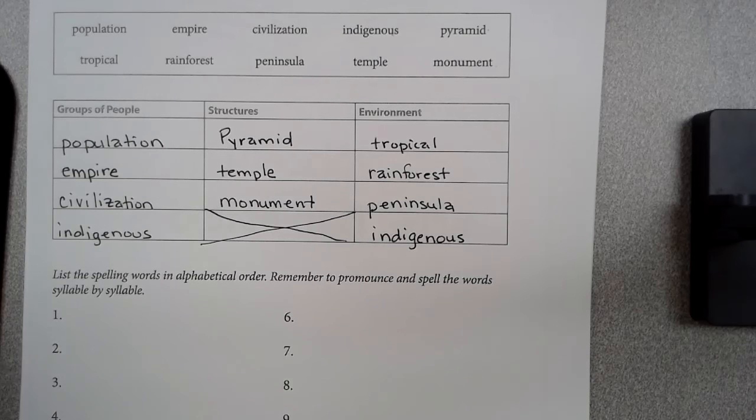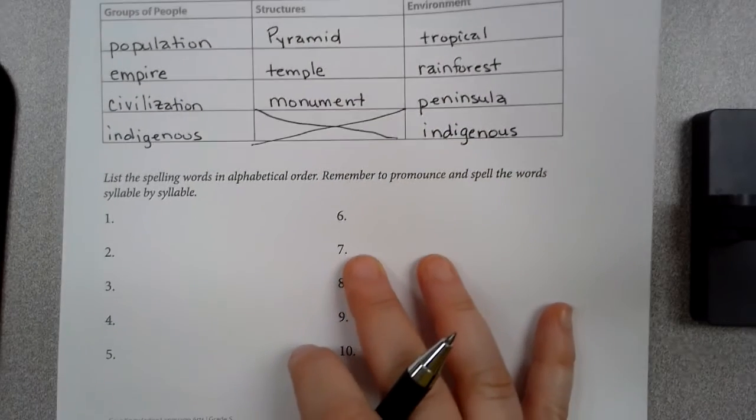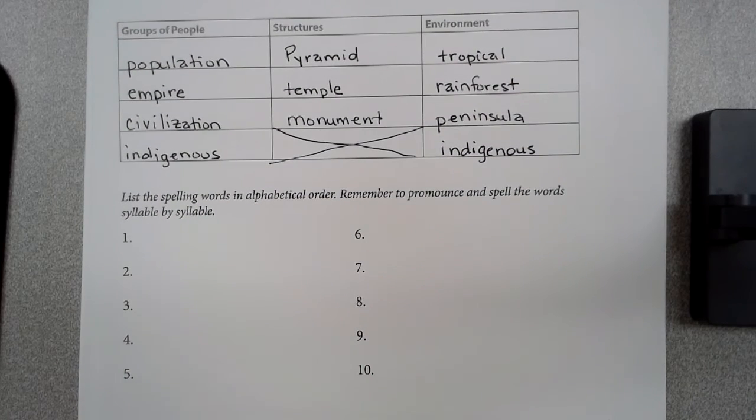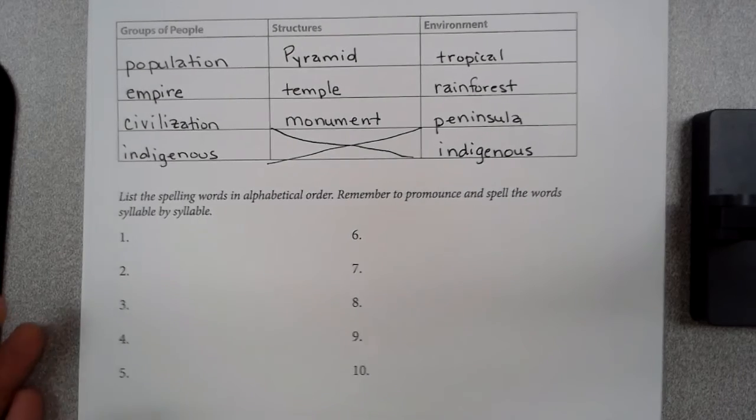The next part is ABC order. Now, you are going to write these words, there's 10 of them. 2, 4, 6, 8, 10. 10 words in ABC order. Remember, when we do ABC order, you start with A. If there's any A words, you write those down. B, C, D, and you go from there.